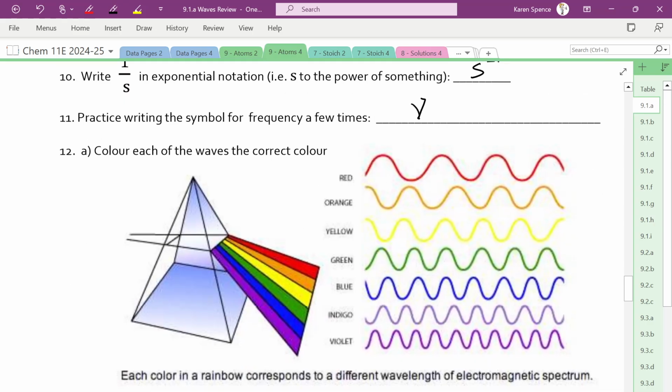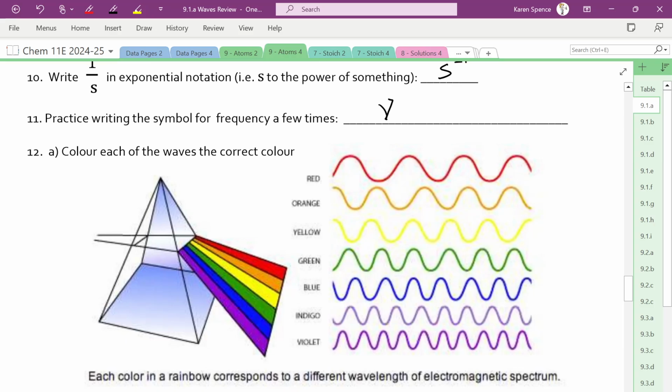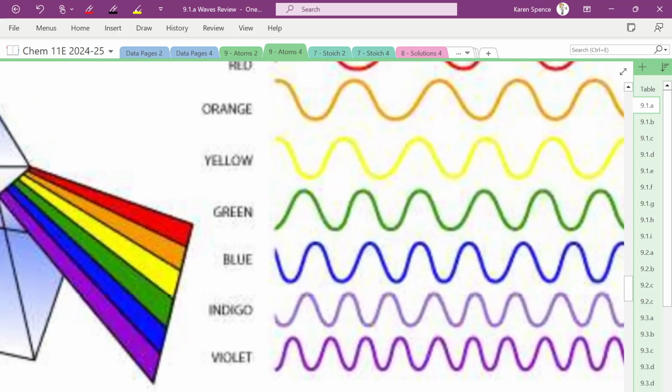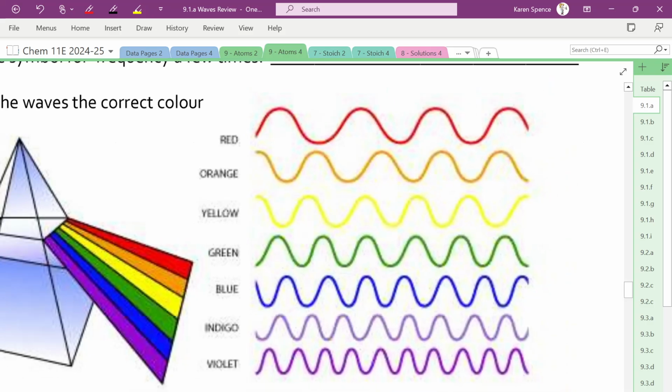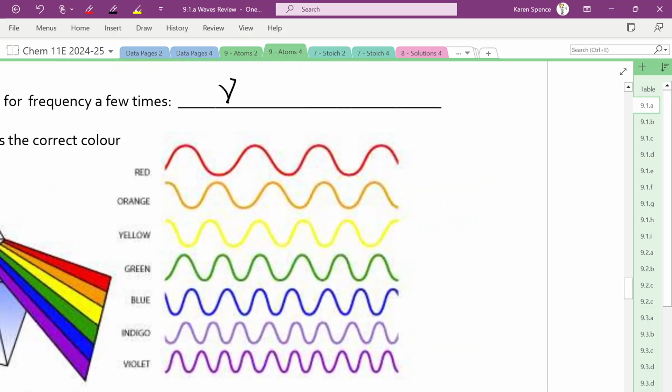That's fine. Now, it's up to you whether you want to color your wavelengths. They are labeled red, orange, yellow. So if you don't feel a need to color, you don't have to. I do have lots of pencil crayons here of various colors, so feel free to help yourself. And if you want to do it some other time, that's also fine. But what I want you to notice is that you can see who has the longest wavelength and who has the shortest wavelength.